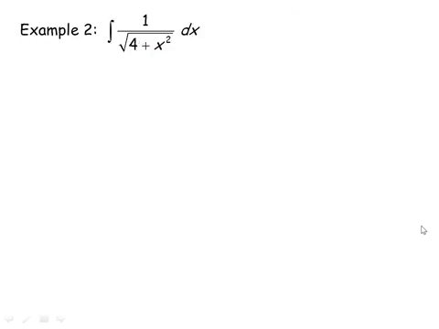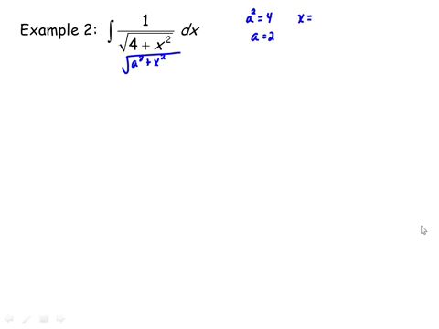Let's say we have the integral of 1 over the square root of 4 plus x squared. That's going to be the square root of a squared plus x squared. What case is that? That's case 2. So a squared is equal to 4, so a is equal to 2.